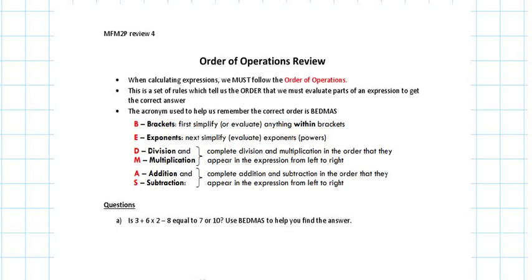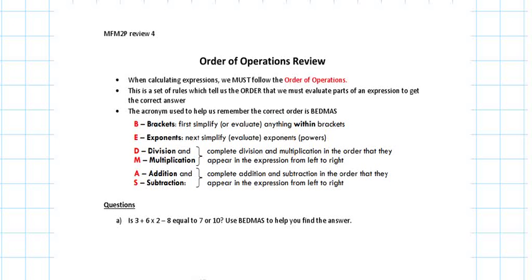And the order of operation, the acronym for it is BEDMAS, and it stands for brackets, exponents, division and multiplication. With regards to division and multiplication, you have to see which one appears first in your equation from left to right. And then same as with addition and subtraction, whatever appears first from left to right, okay?